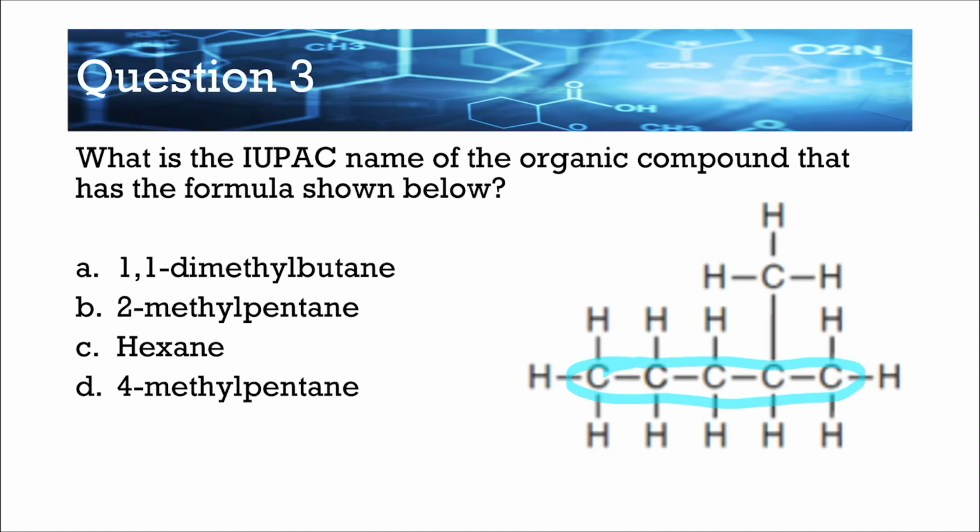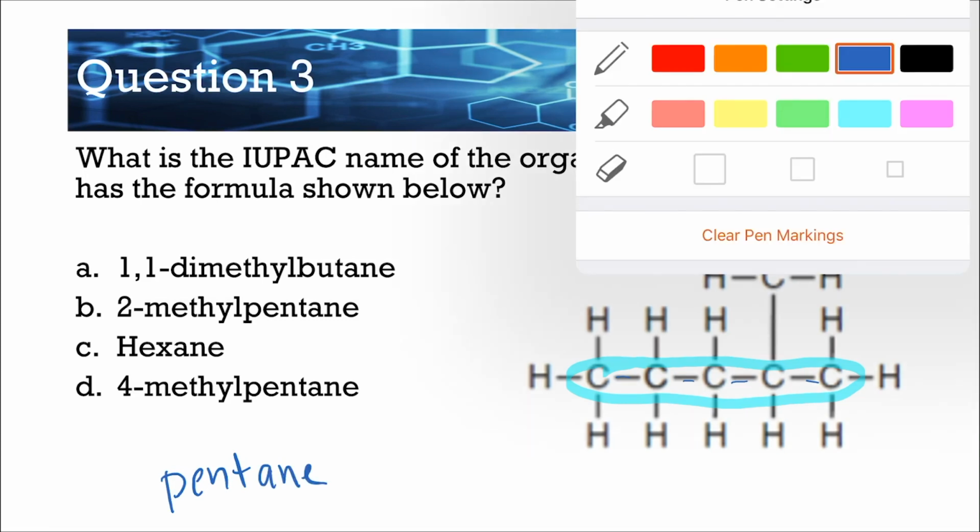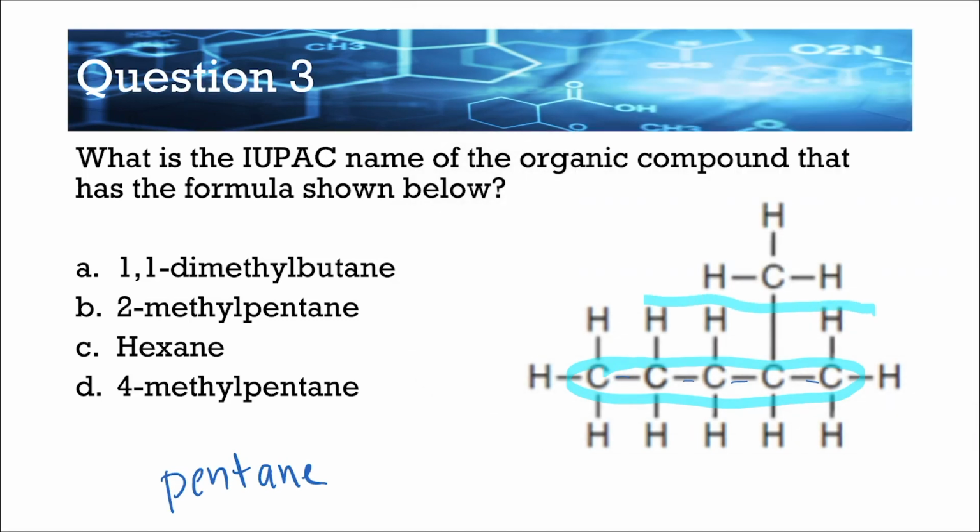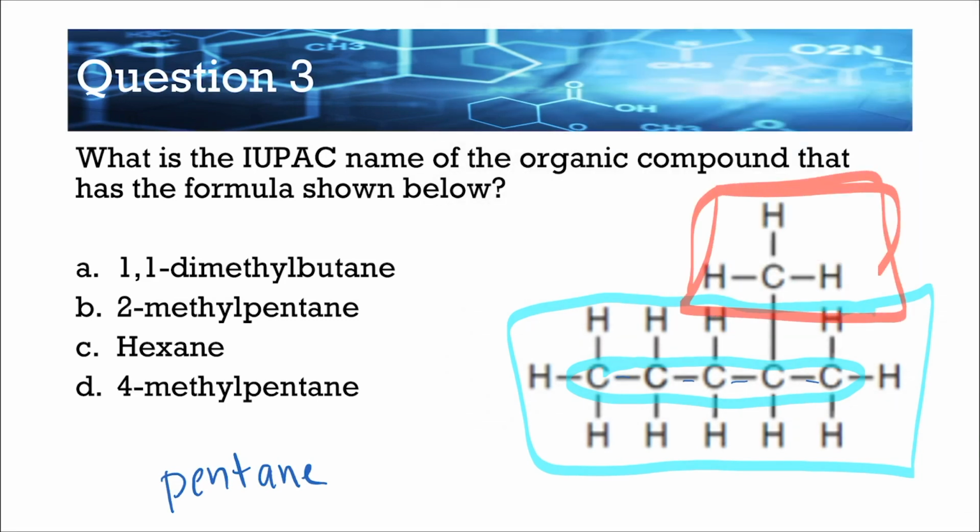A 5-carbon chain means pent. 5 carbons is pent. That's what table P tells you. Now there are single bonds between these carbons, so that means ane. So as of right now, we've named everything in this blue box. The only thing we haven't mentioned is this group in the red box.